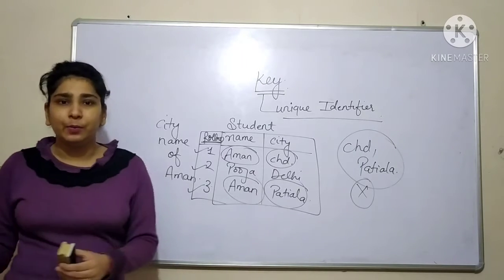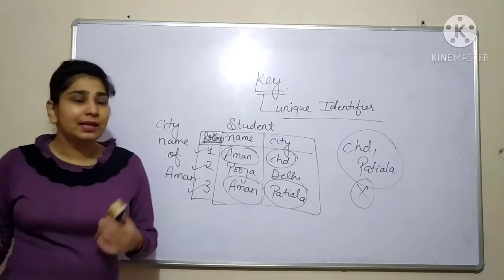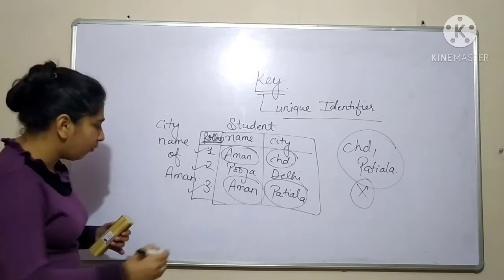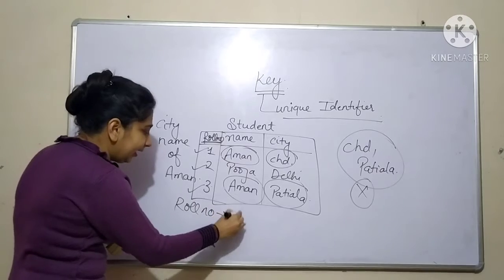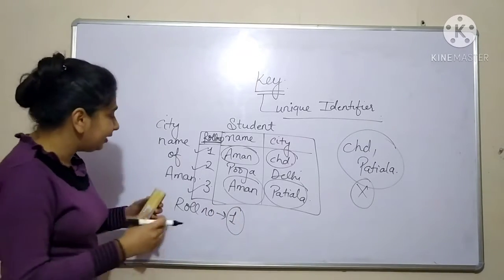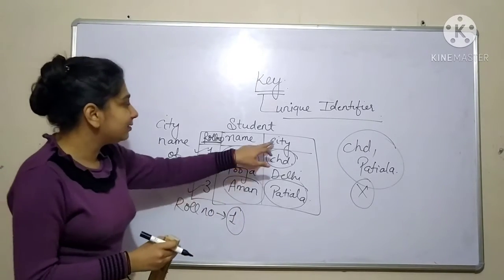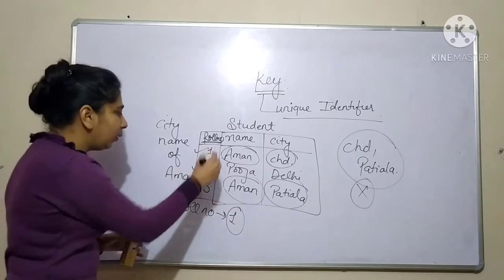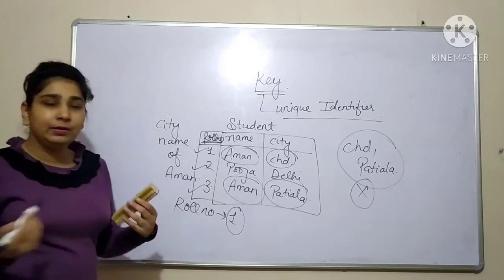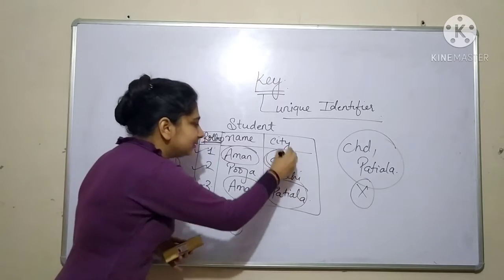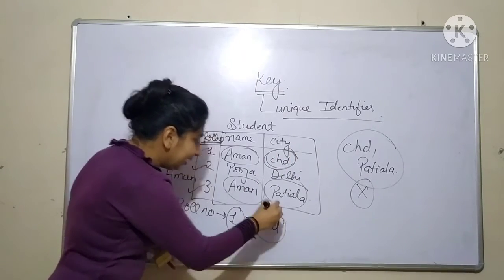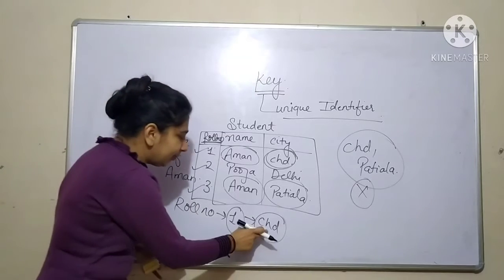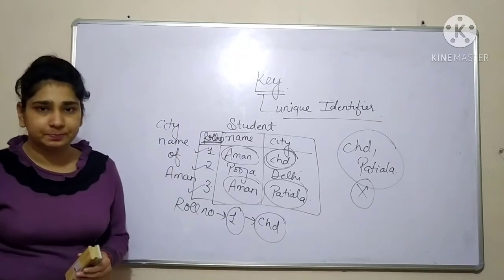Now if I ask you to determine the city name of roll number 1, you can get the definite answer. It is actually Chandigarh. Now we are able to determine the definite answer.